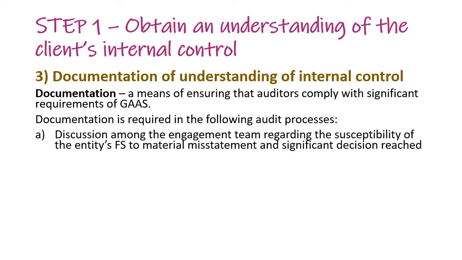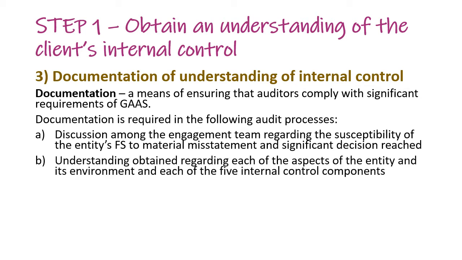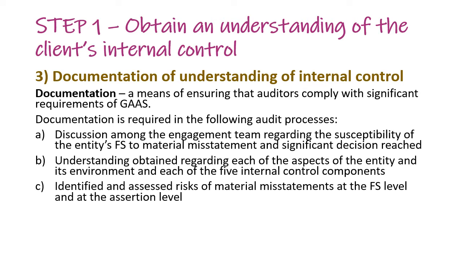First, in the discussion among the engagement team regarding the susceptibility of the entity's FS to material misstatement and the significant decision reached. It should also be carried out in the understanding obtained regarding each of the aspects of the entity and its environment and each of the 5 internal control components.